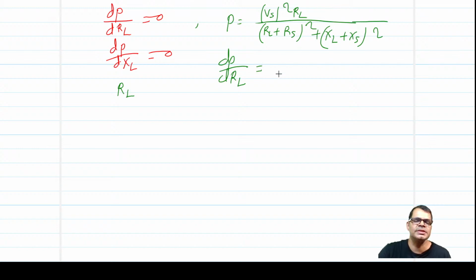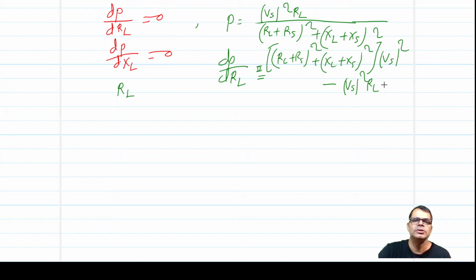You know from the basics of differentiation, these terms will be (RL plus Rs) square plus (XL plus Xs) square into Vs magnitude square, minus this Vs square RL into, there is no RL in the other term, so this will be 2 (RL plus Rs), upon this total.